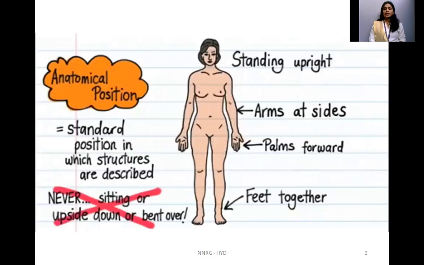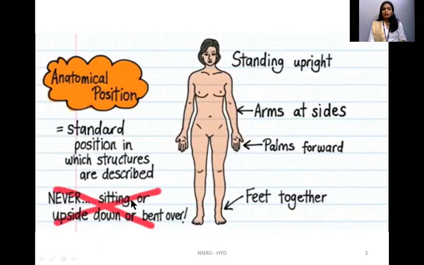Now we will study the anatomical positions. When you are studying the anatomical positions, you cannot sit, bend or be upside down. You cannot take the anatomical position in any way. There is a standard position in which all the structures are described. Having that standard position allows precise and consistent anatomical reference.